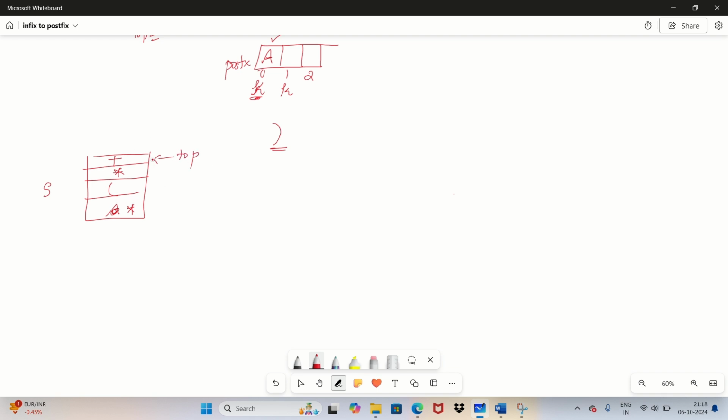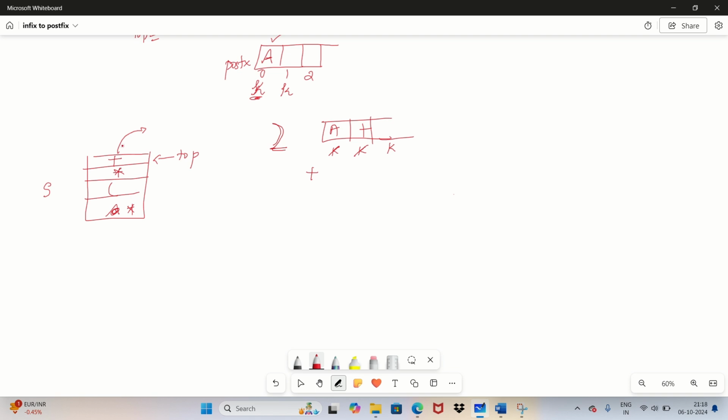Each time it is going to pop one element. First this is popped out, it goes to postfix. Your postfix is standing here. Already we have put a, imagine we have put a and k moved from here to here. Now you're going to put your plus here, and then increase your k.